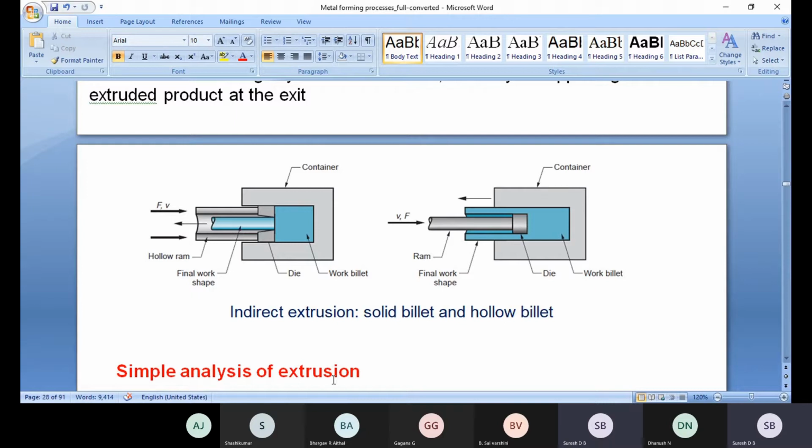In indirect extrusion we can manufacture both solid and hollow tubes, but 70 to 80% are hollow tubes, because exactly at the center one ram is used, and the compressed material comes back around the ram. In direct extrusion, they can manufacture both hollow and solid tubes.